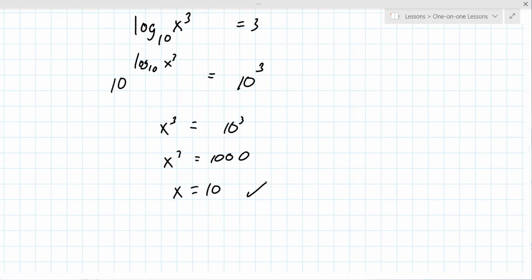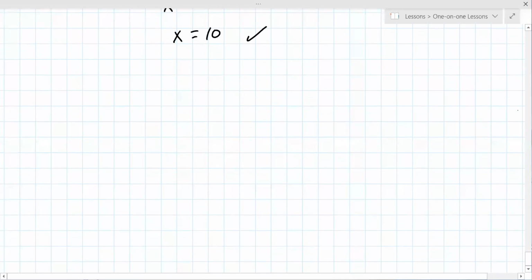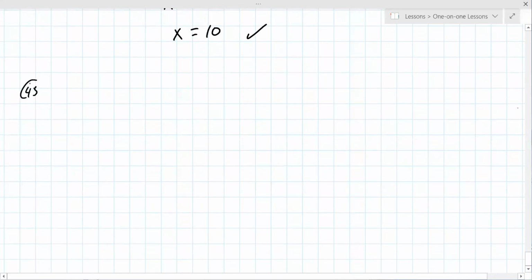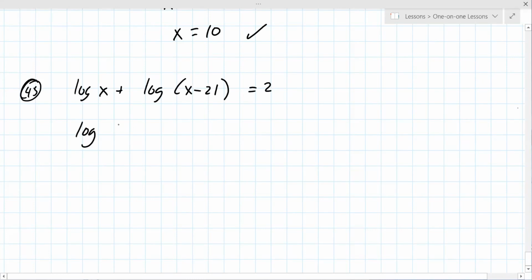Then 45, okay. We have log x plus log x minus 21 equals 2. So again, you're going to multiply x by x minus 21, and that equals 2. Let me just simplify here a little bit.